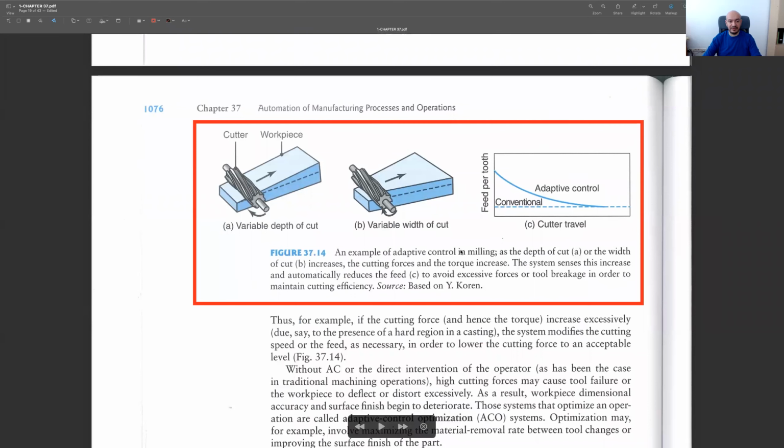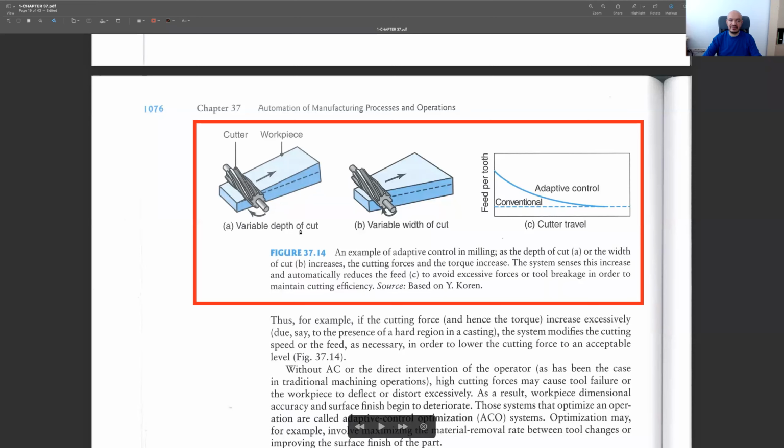Here's another example for an adaptive control. If you do not apply an adaptive control, this is what it looks like. We have the cutter travel here, and it's the feed per tooth, which means it's the speed of your cutting tool as this tool is moving from left to right. Let's have a look at the first case, for instance.